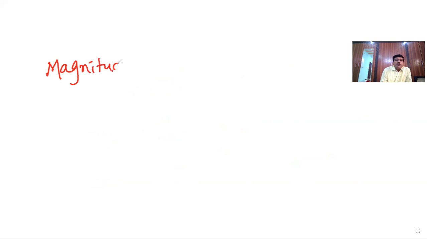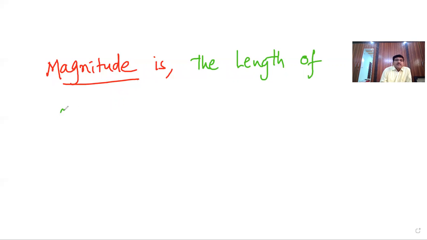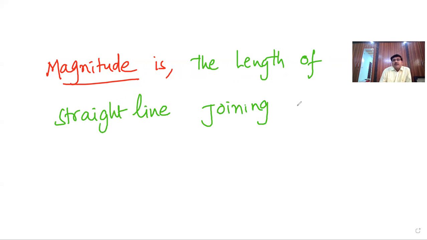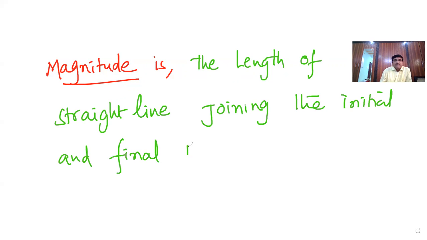Another way, magnitude is the length of the straight line joining the initial and final positions.